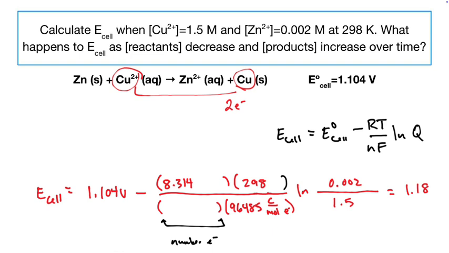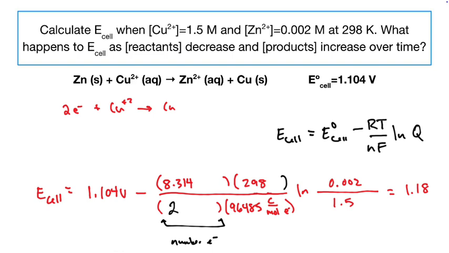We might need to be a little bit more careful in a system where it's not an equal transfer of electrons. In that case, what I would recommend is pulling out and looking at your half reactions to figure out exactly what's happening, to ensure that you actually have the proper transfer of electrons. Make sense? So in this case, we could put in the 2.